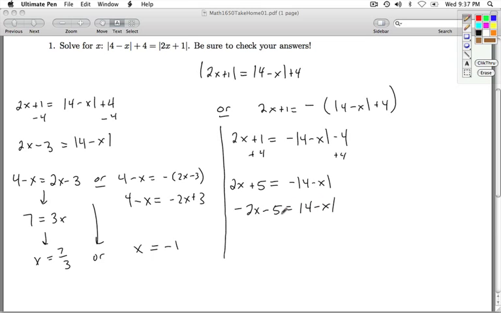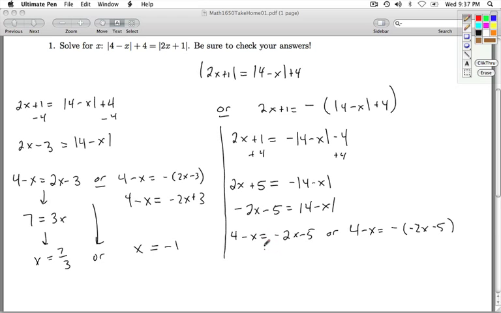And now I'm going to get two equations again. The absolute value of 4 minus x is equal to this, so either 4 minus x is equal to the left-hand side, or the 4 minus x is equal to the opposite of the left-hand side.